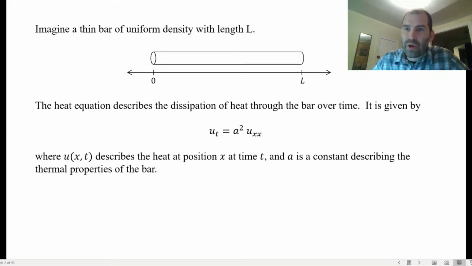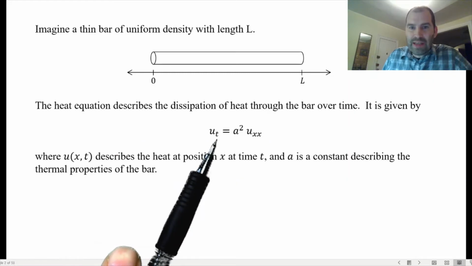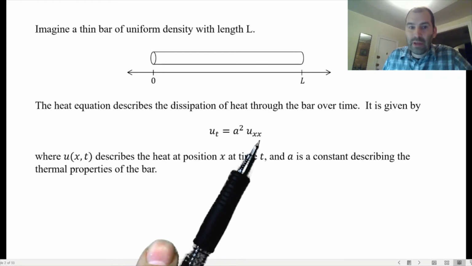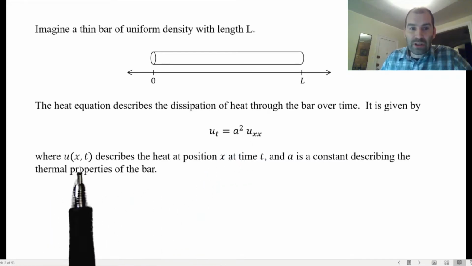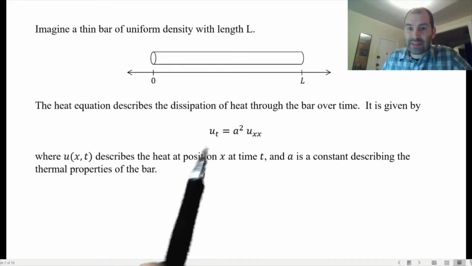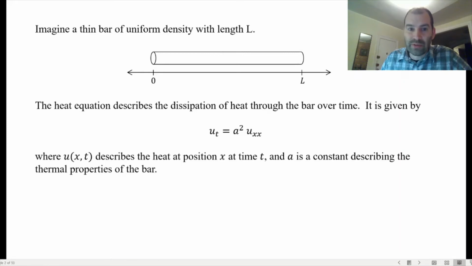Now, we are using subscripts here to denote the derivatives. So this subscript t denotes the derivative with respect to t, and these subscripts x represent the derivative with respect to x. U is a function of two variables, x and t. So that makes sense. And these are partial derivatives.